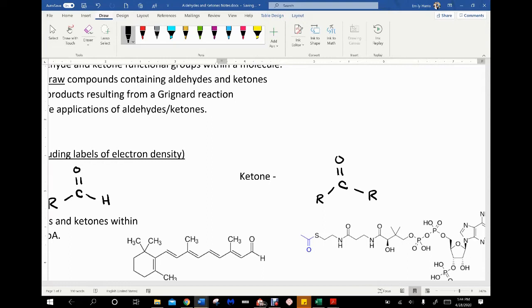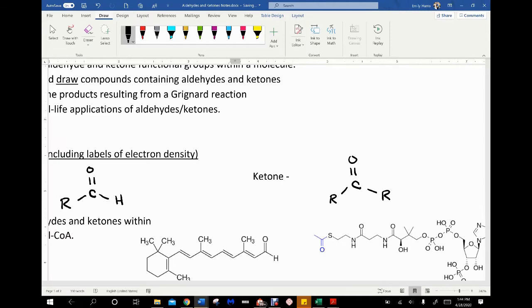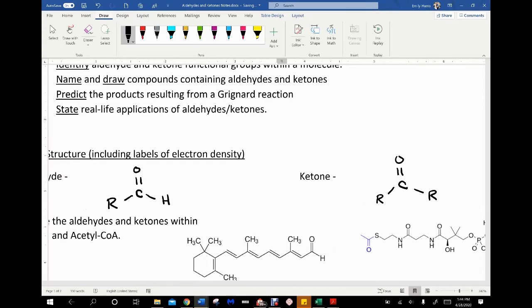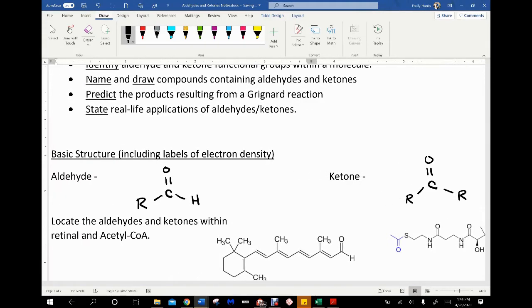So either some type of CH group or a ring, just anything like that. And so it's kind of like an ether, how the molecule continues on either side. So that's the catch there, is the H on the aldehyde. Okay, and that's what sets them apart.